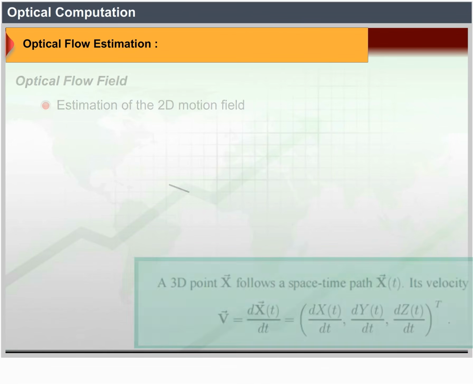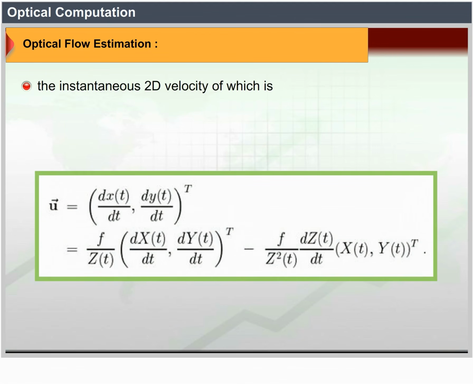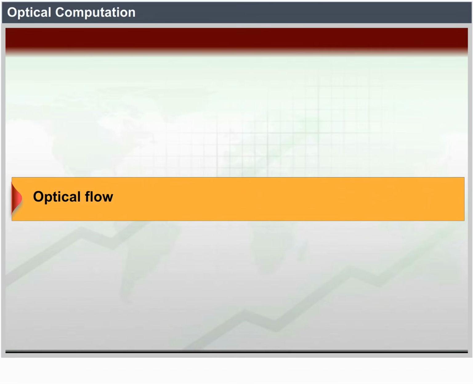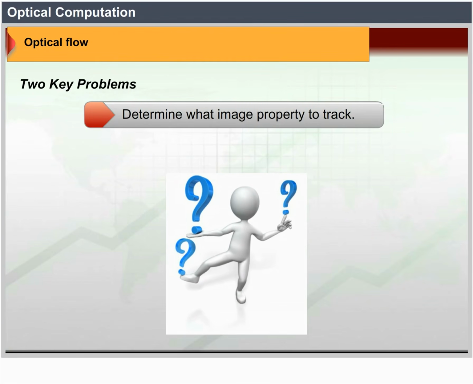Perspective projection for focal length f of the 3D path onto the image plane produces a 2D path as shown, the instantaneous 2D velocity of which is optical flow. Two key problems: determine what image property to track, and determine how to track it.